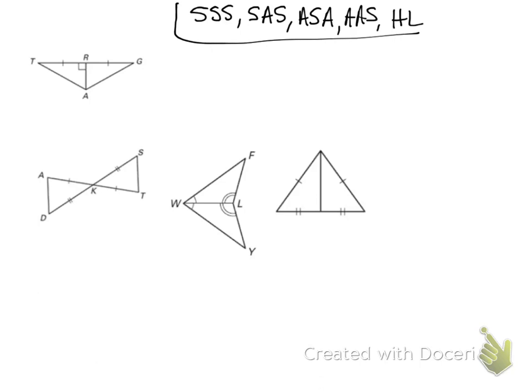So the first one, let's look at some of the angle markings or the side markings that we have. We have that right angle, that means that this is a right angle as well, so you have an angle here and an angle here. We also have that they have a matching side. So they have a side and a side, and then there is not a third piece of information.